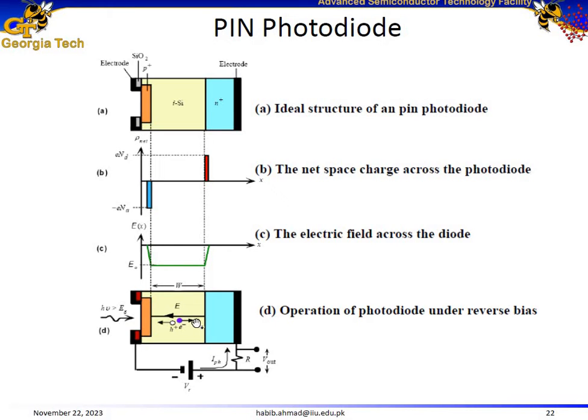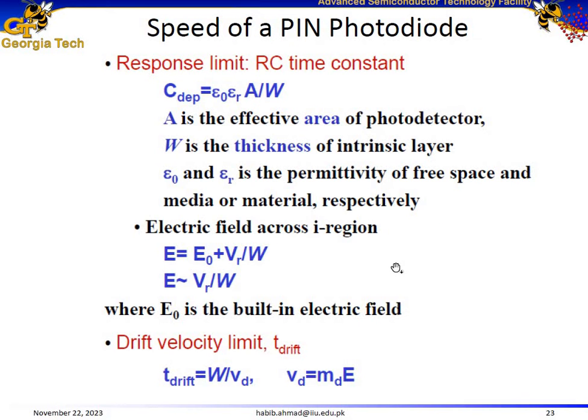Electrons would travel towards the right because they are attracted by the positive terminal, and holes would travel towards the left. They are going to be attracted by the negative terminal. And it actually takes a particular time for the electrons to be collected by this electrode and for the holes to be collected by the left electrode, and that time is called the transit time.